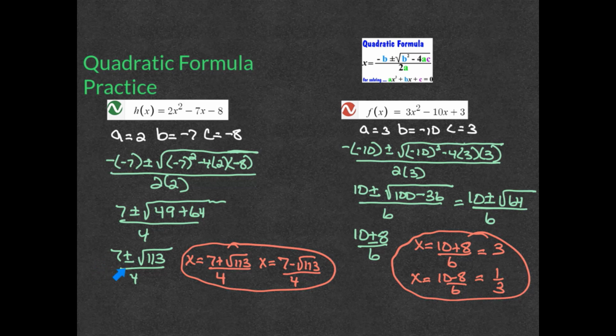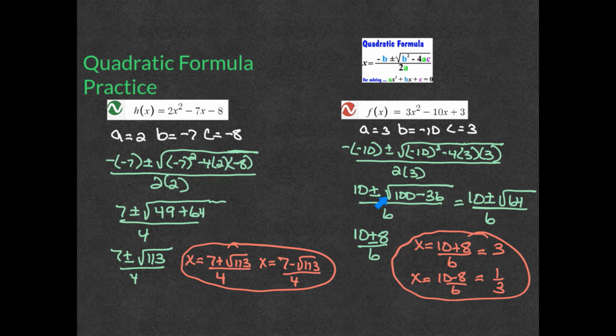That is 7 plus or minus the square root of 113 over 4. 113 cannot be simplified any farther, so you would rewrite this as x equals 7 plus root 113 over 4, and x equals 7 minus root 113 over 4. This is also acceptable as a final answer. So you will just check with your teacher when you are writing things out.